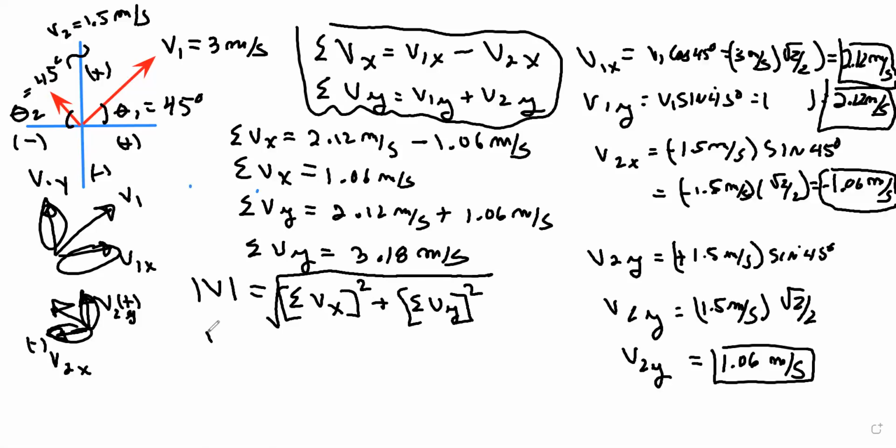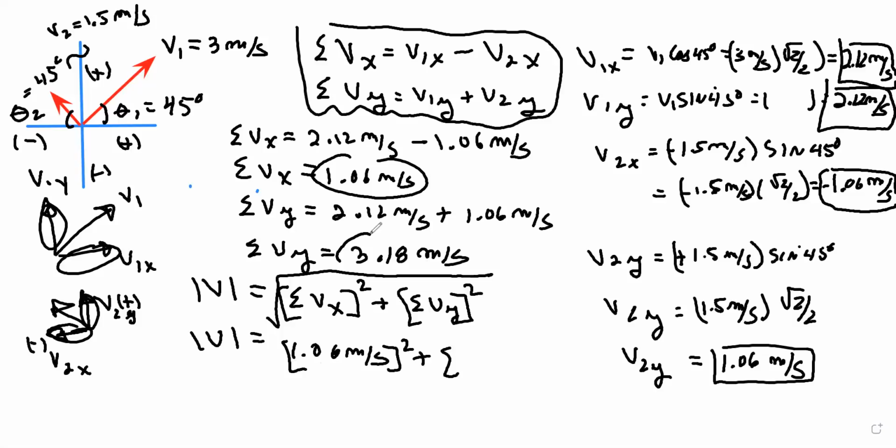Okay, so the magnitude is going to be equal to, well, we got the Vx. Vx is going to be this guy right here, so it's going to be 1.06 meters per second. And we got to square these guys plus the summation of Vy. The summation of Vy is this guy right here, so it's going to be 3.18 meters per second.